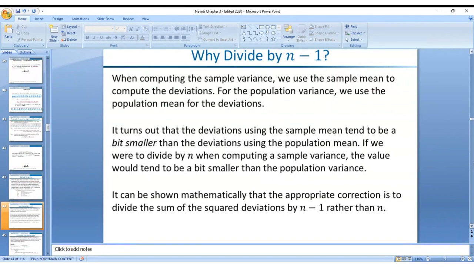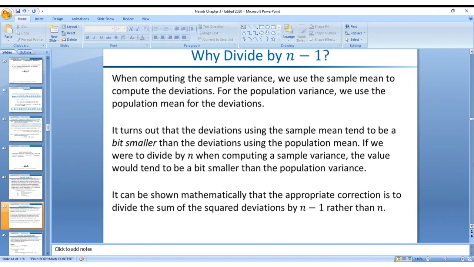It's because when you're dealing with a sample, the sample is smaller than the actual population. Depending on how small the sample is, that n-1 is going to make a greater bit of difference. And so it essentially allows us to err on the side of caution when the sample is small. And that's the whole reason for it.